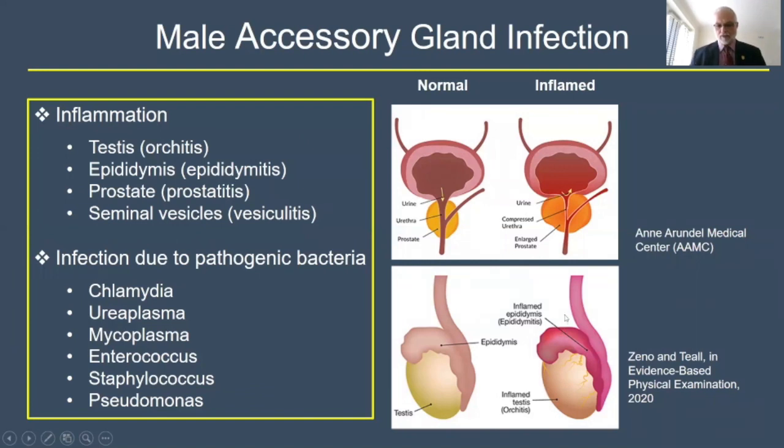It goes along with fever, temperature, heat of the relevant organs. It's painful, and it's due to a number of pathogens like chlamydia, ureaplasma, mycoplasma, enterococcus, staphylococcus, and pseudomonas.